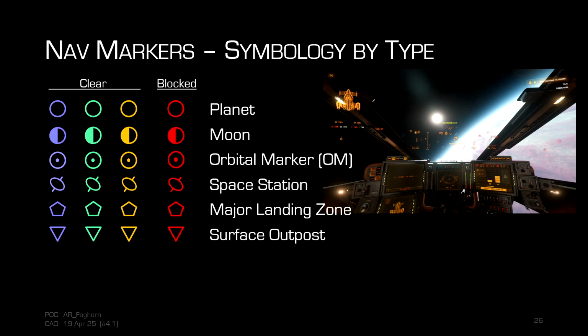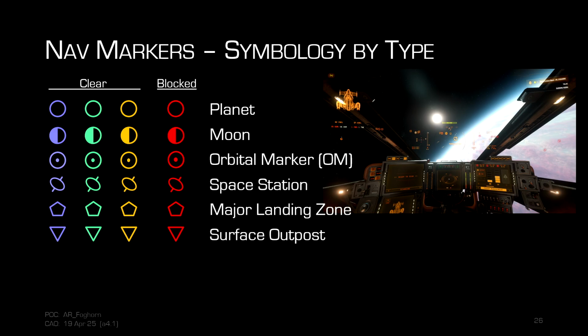All right, so the nav system. We've got new nav markers, and here they are. They reduced the number. They used to have diamonds, and they were kind of the same diamonds for Lagrange points, space stations, and I forgot what the other one was. But they basically just make all of those the same, because there are stations at all those places.